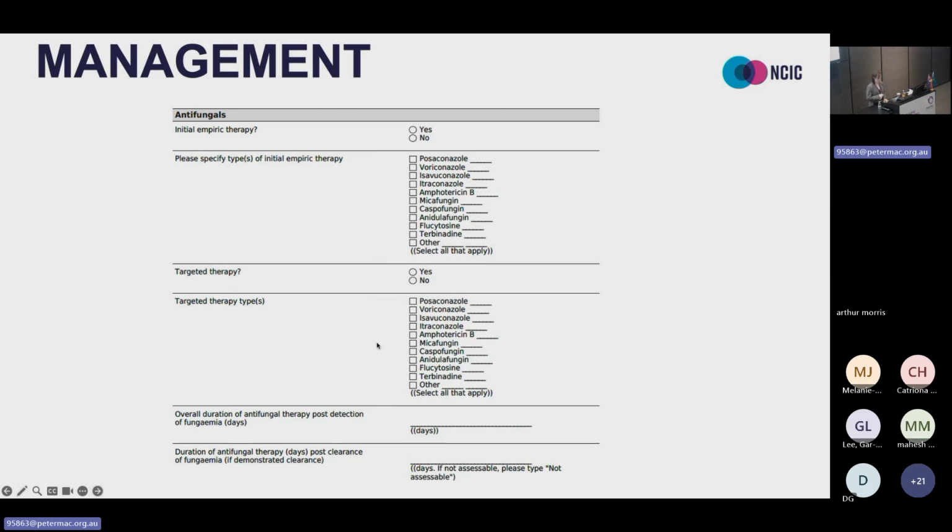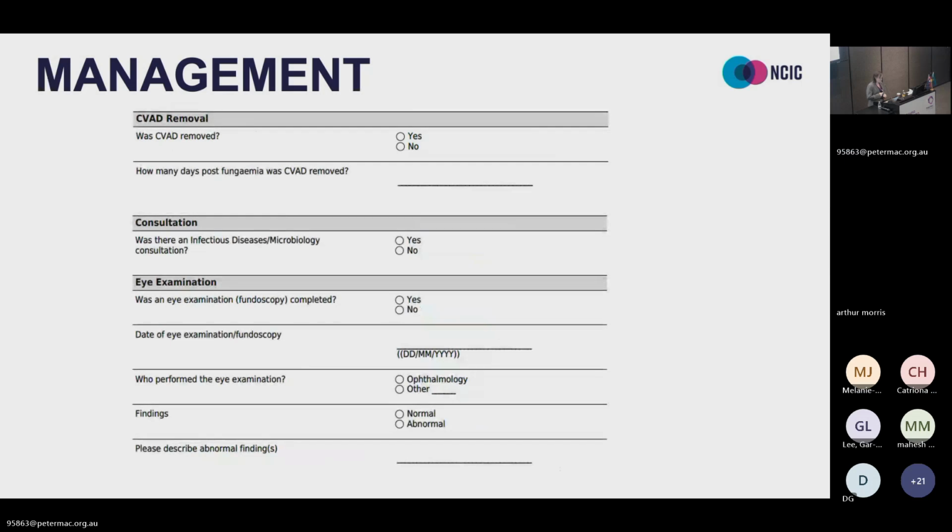So if it's an echinocandin that continues, then you put that in. The overall duration of antifungal therapy post-detection of the fungemia is there, and then the overall duration of antifungal therapy post-blood culture clearance, given the old school recommendation of duration post-blood culture clearance.